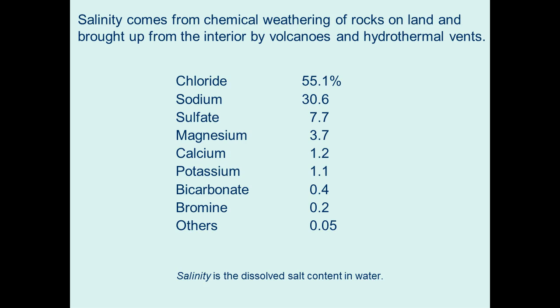Of the salts that are dissolved in the ocean waters, over 85% of them are comprised of 2 ions, sodium and chloride. Sulfate, magnesium, calcium, and potassium make up a lot of the remainder of the ions within the salinity, the dissolved salt content in the oceans.